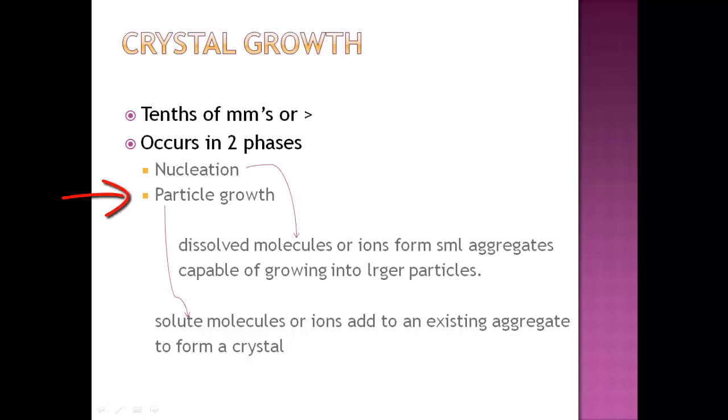In particle growth, the solute molecules or ions add to an existing aggregate to form an actual crystal. So both of these parts are really important. You want these things to form small aggregates, but then once they have the small aggregates formed, you want them to get bigger and bigger, depending on what size you want the crystal to be. But the first part would be the nucleation.